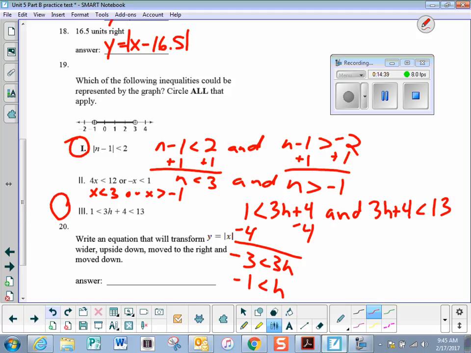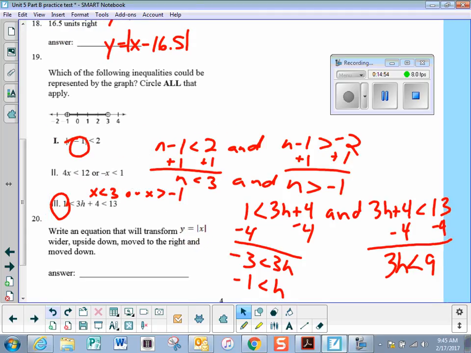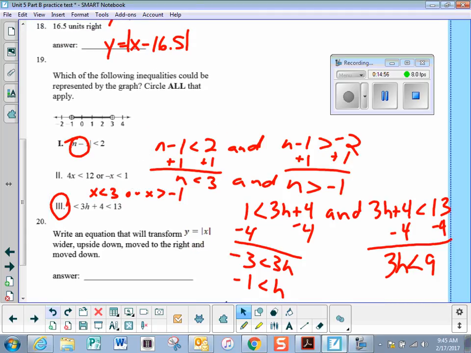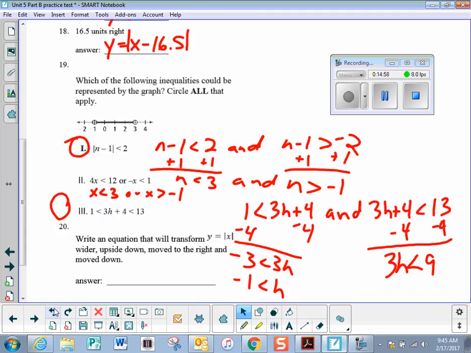Is h greater than negative 1? Yes. It's an AND, so I'm thinking this one might work. When I subtract 4 from the other side, this took you back to last unit: 3h is less than 9, h is less than 3, so that one works too.